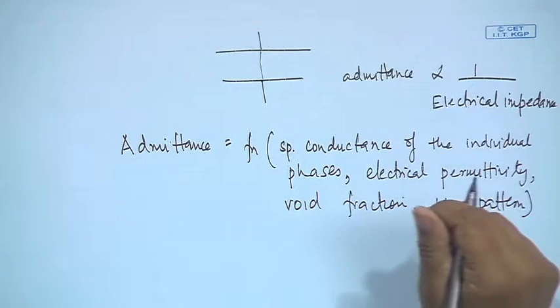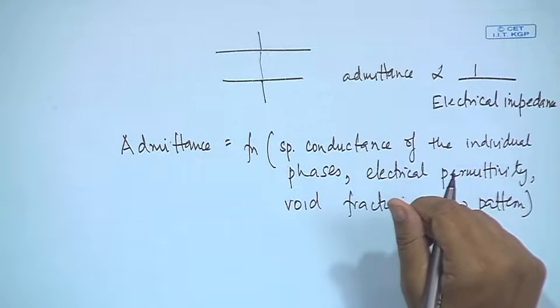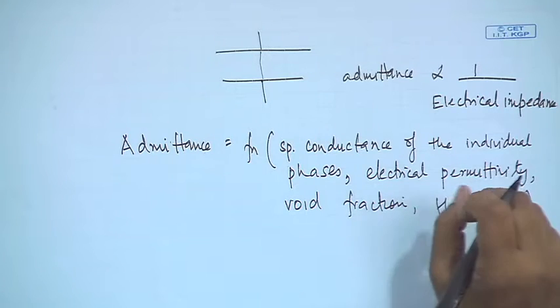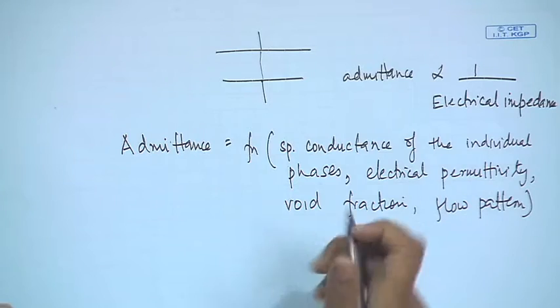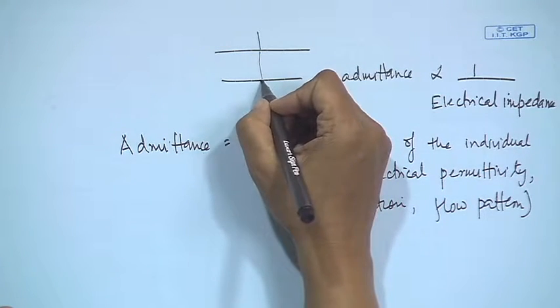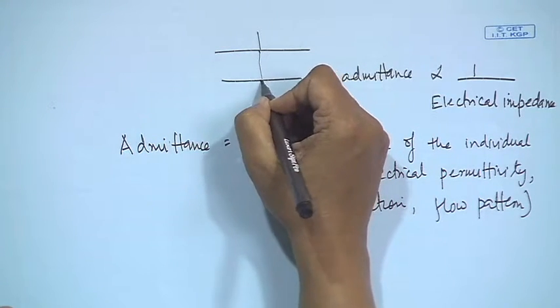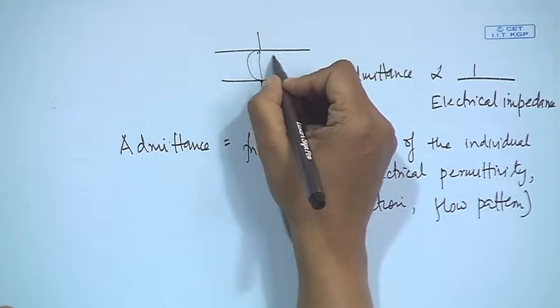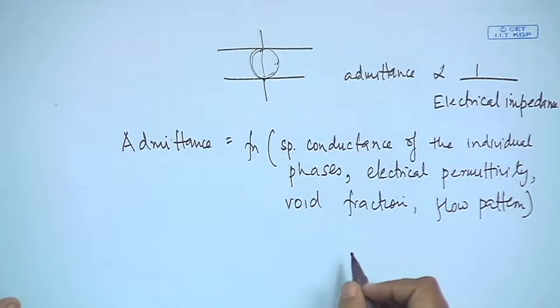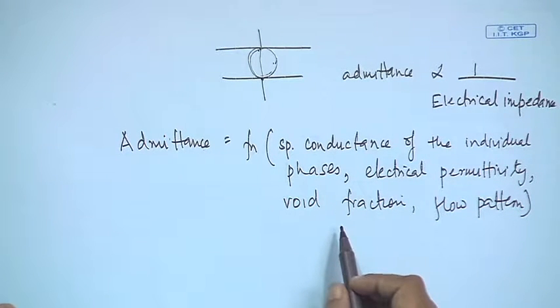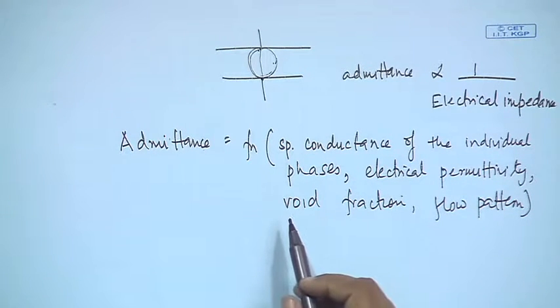So we find that in this particular case, suppose we have any particular probe, then depending upon what are the two phases which are present here, the net electrical admittance is usually measured.